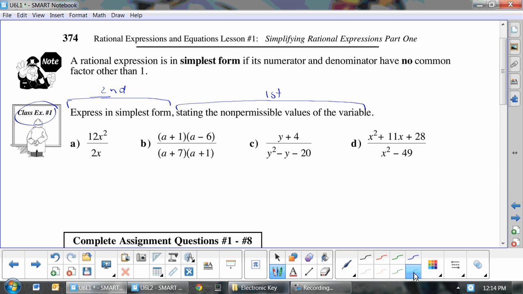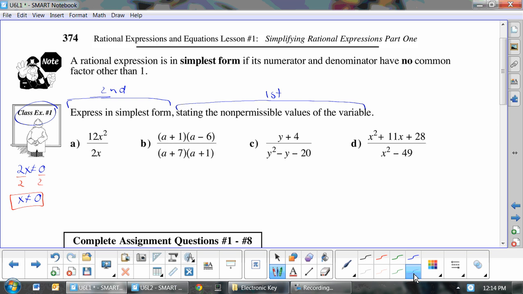So to find those non-permissibles, you take the denominator and go, okay, this cannot equal 0. And you can divide both by 2. 2x, because that's what our denominator is. Okay? And then you find, okay, x cannot equal 0. So that's our non-permissible right here. X cannot equal 0.